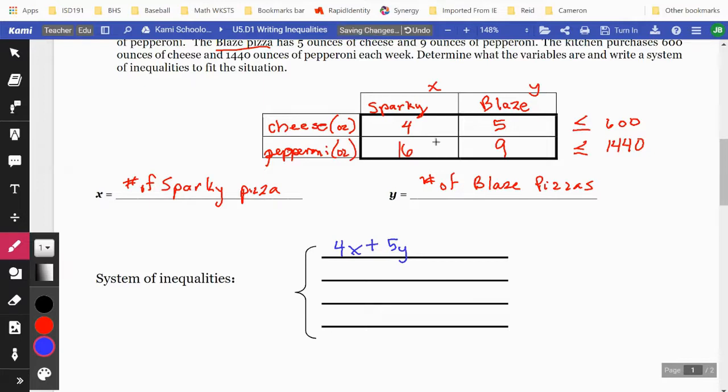When we add those quantities together, we get a total amount of cheese used by the BHS Pizza Kitchen. And we also know that the constraint was the limit on the amount of cheese, right? You can only use the amount of cheese that you have. You can't use more than that. So we have that limit of 600 ounces of cheese.